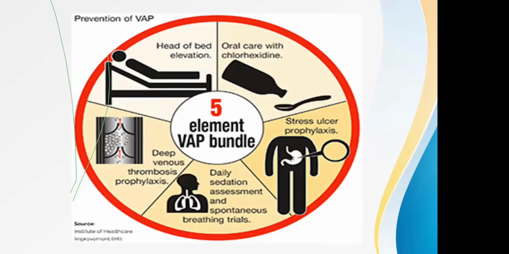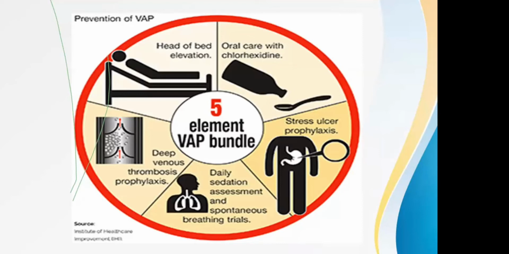This is the 5-element VAP bundle that should be followed in any hospital area, in any hospital practice. First and foremost, oral care with chlorhexidine. This picture depicts the 5 areas, the 5 predominant problems which a VAP patient can develop, apart from ventilator associated pneumonia, into some other infection also.